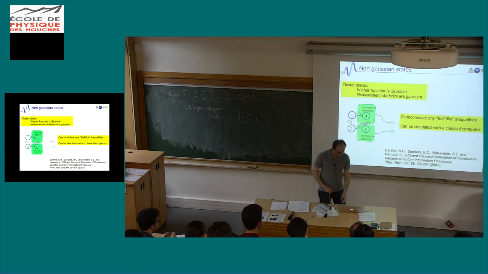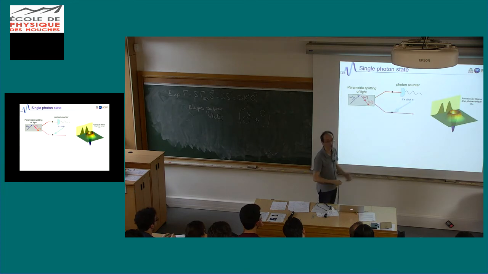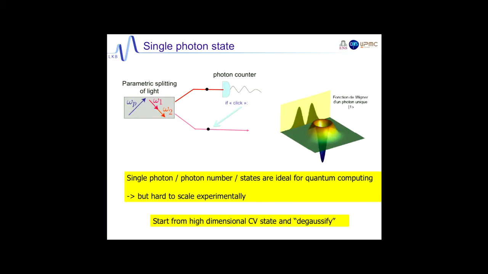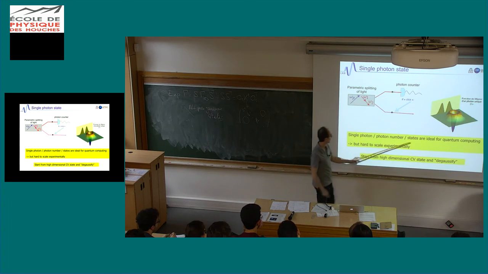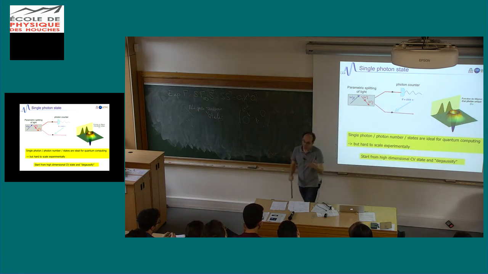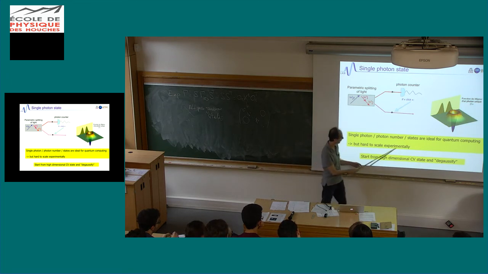Okay? So to violate Bell inequalities, what you need is non-Gaussian states. And so what some people think is that single photon or photon number states are very good for quantum computing, but they are hard to scale experimentally. Many people are working on that, doing a lot of progress, but it's hard to scale experimentally.